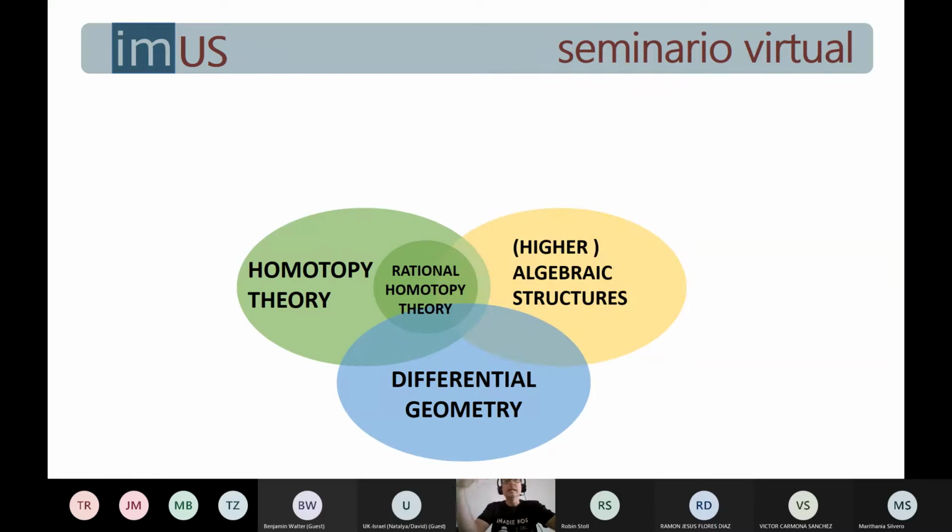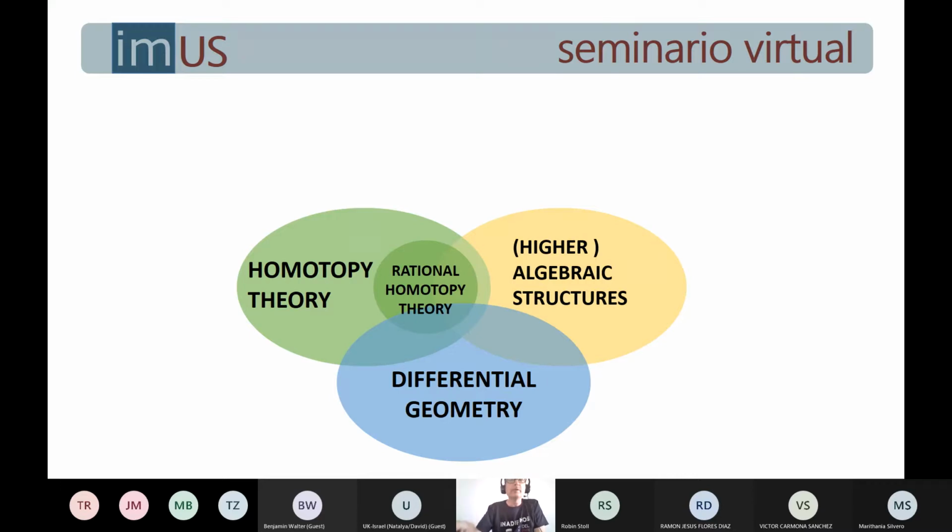I plan to show some examples in which higher algebraic structures arise naturally in rational homotopy theory. And then I will show some results of my research in the past and in the present, all of them related in some sense with these higher algebraic structures, infinity structures.